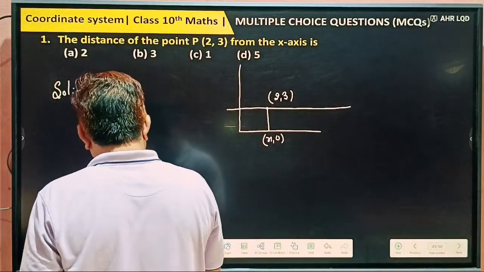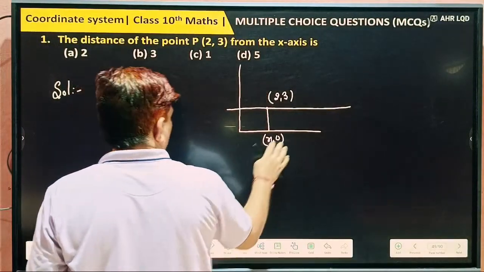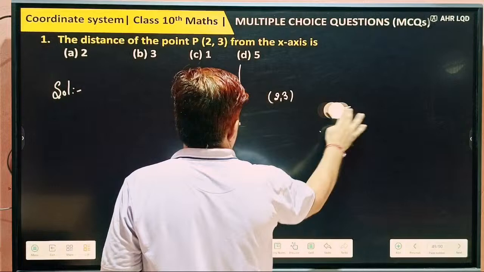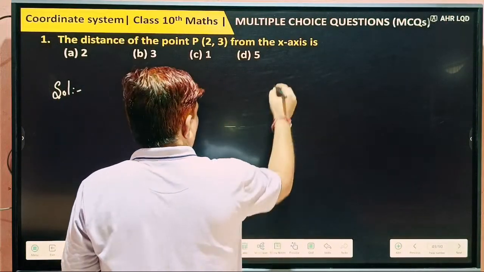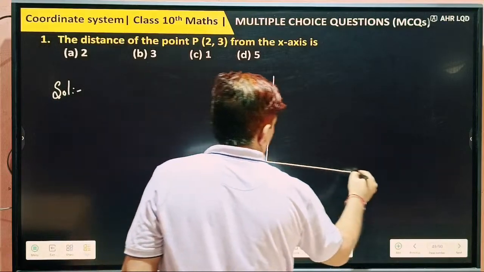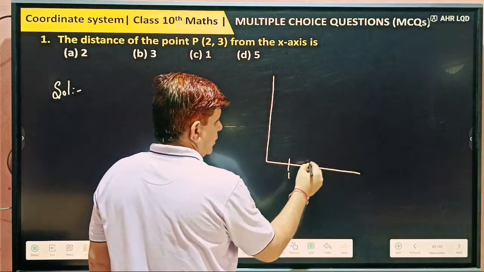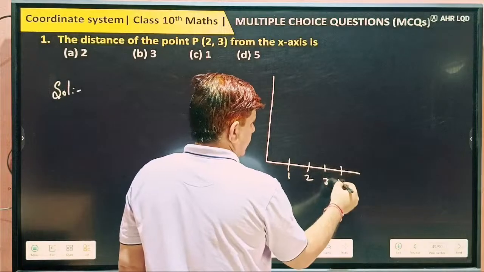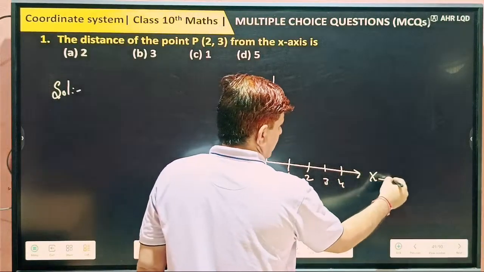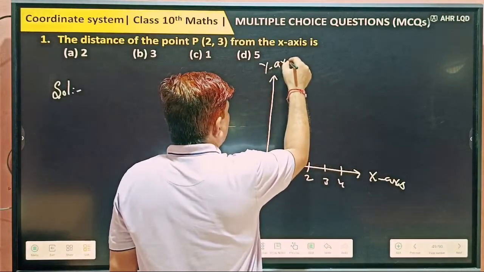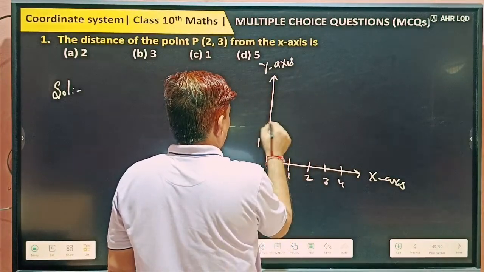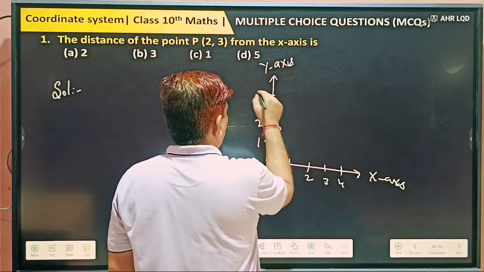Otherwise, we can show it like this. One unit, 2 units, 3 units, 4 units. This is the x-axis. This is the y-axis. 1 unit, 2 units, 3 units, 4 units.